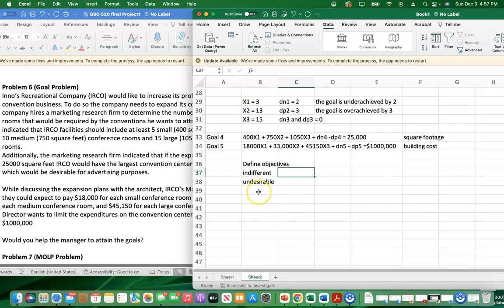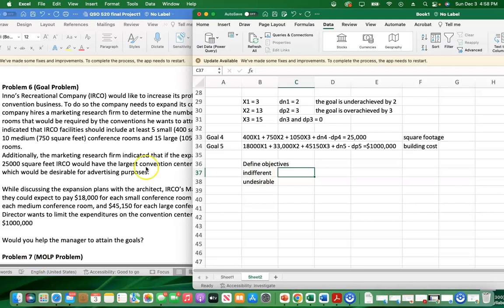So if you look at goals number 1, 2, 3, we can say that to underachieve any of these 3 goals, the decision maker will consider it undesirable. Those 3 goals are X1, X2, and X3. And the company will be indifferent about overachieving these 3 goals.